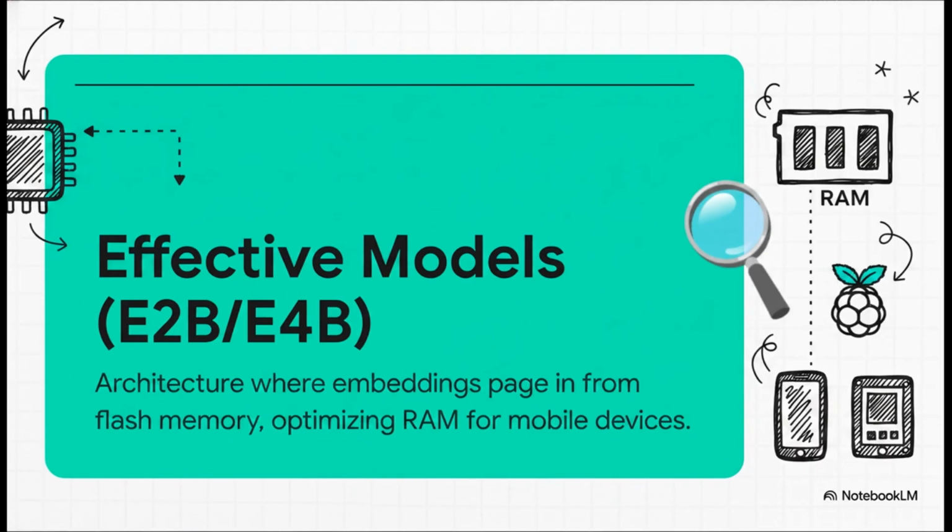The word effective here refers to this absolutely brilliant architectural trick. The model's embeddings are actually kept in flash memory, and they are only paged in right when they're needed. It doesn't load the massive footprint into active RAM. This trick optimizes these models to run fully locally, completely offline, on surprisingly low-end hardware. We're talking an iPhone, a standard Android device, or even a basic Raspberry Pi.